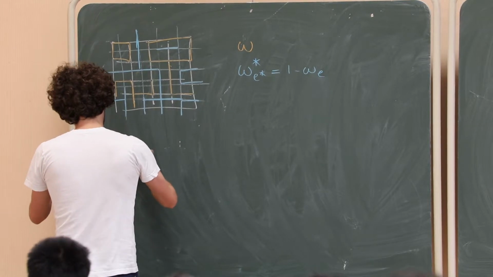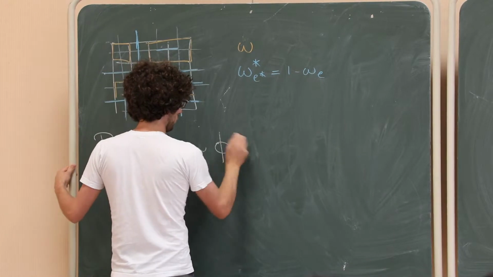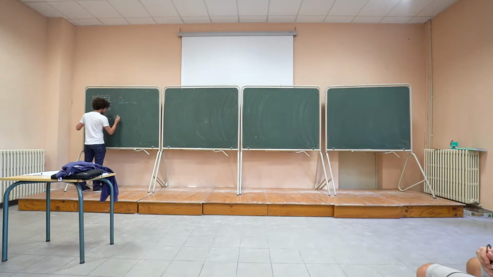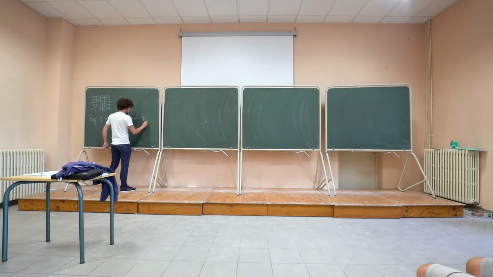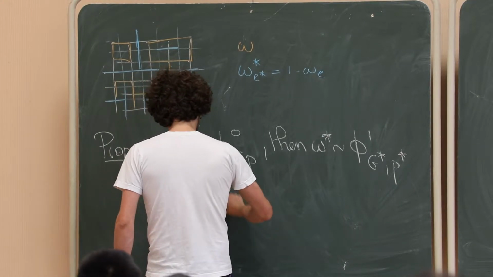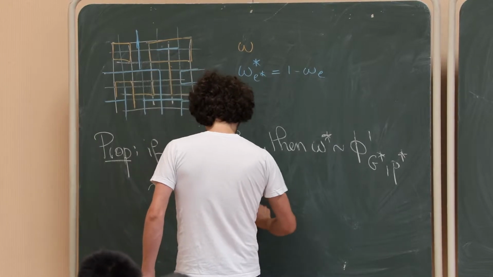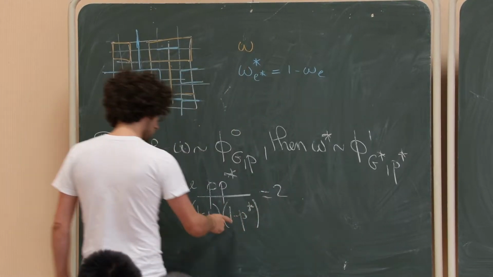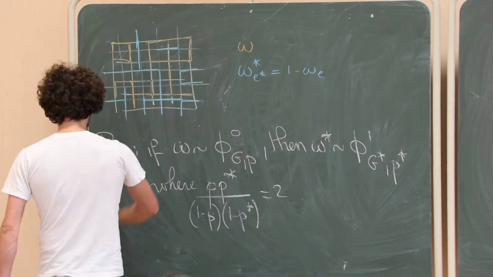Proposition: if omega is sampled according to the random cluster model, FK Ising model of parameter p, then omega star is sampled according to phi 1 on G star at parameter p star, where p star divided by 1 minus p star is equal to 2. So here we see again that p star star is equal to p, so it's a duality relation.